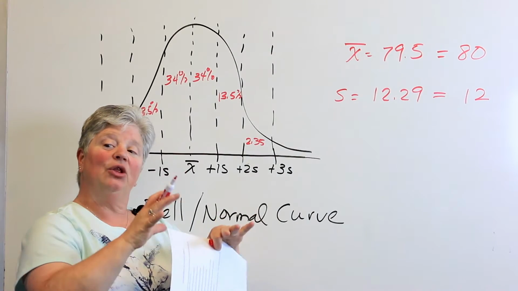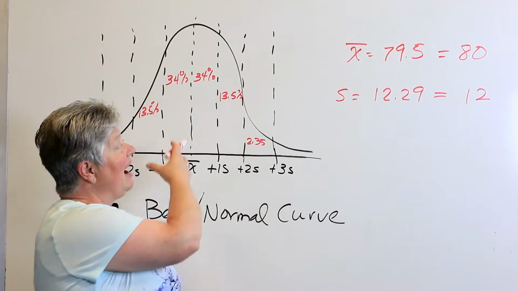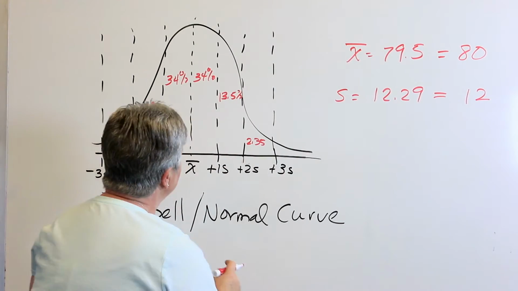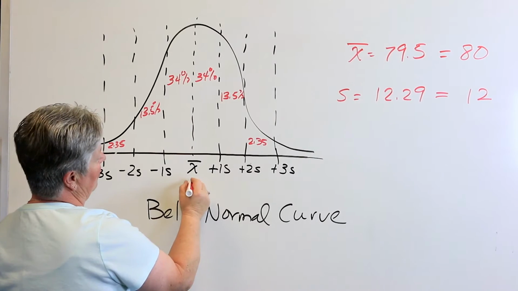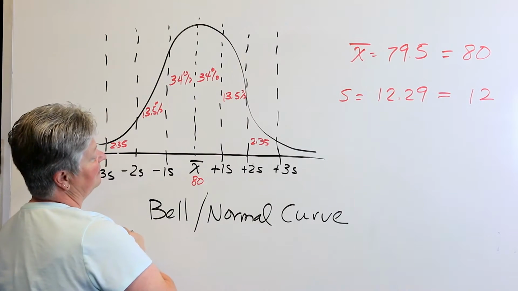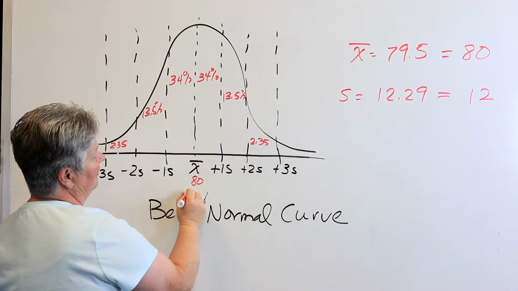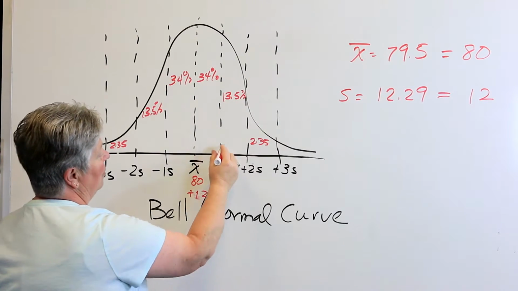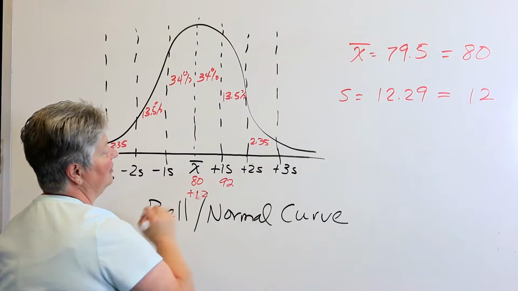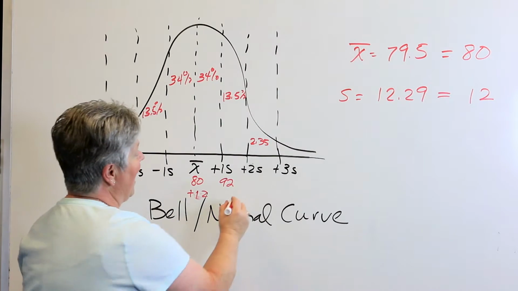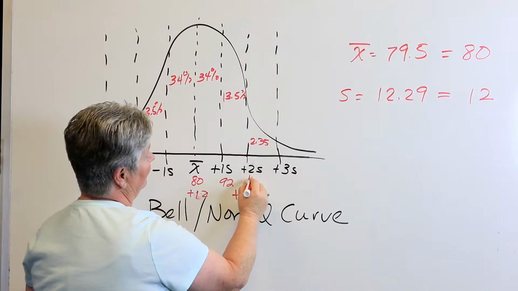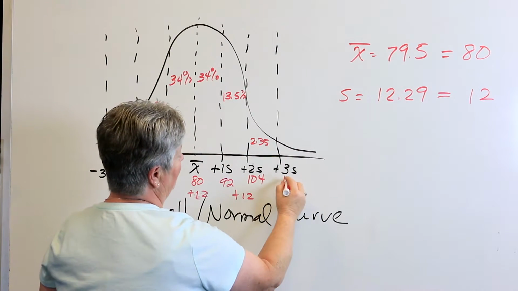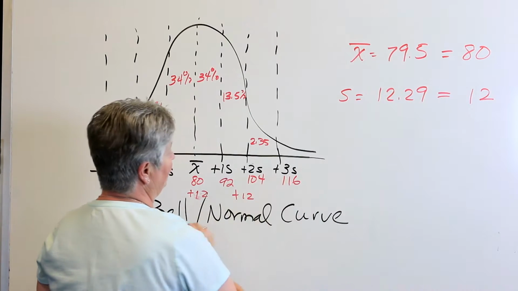So for the data we've been looking at, let's see how it looks on this distribution. Now my mean is 80. If I add a standard deviation, I'm adding 12, so this is 92. If I add another standard deviation, this is 104. And I add another standard deviation, this is 116.